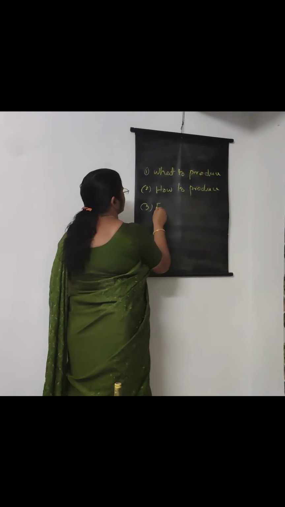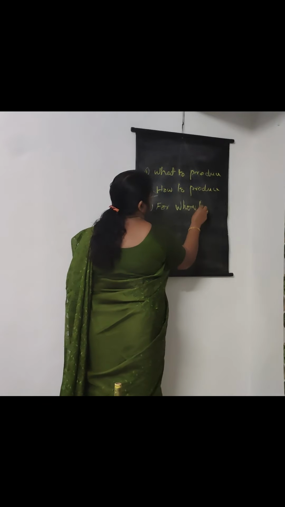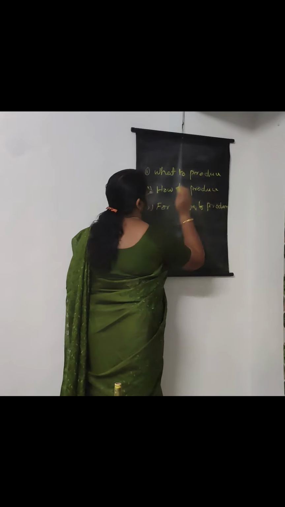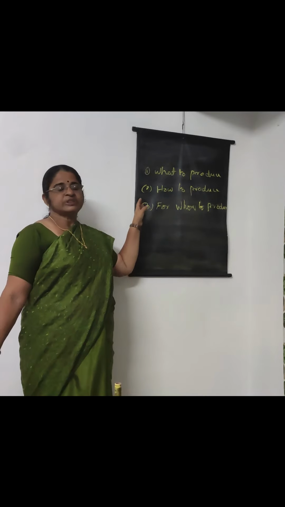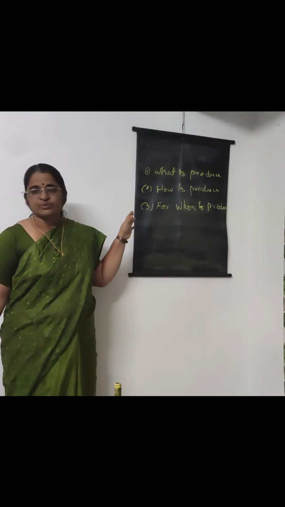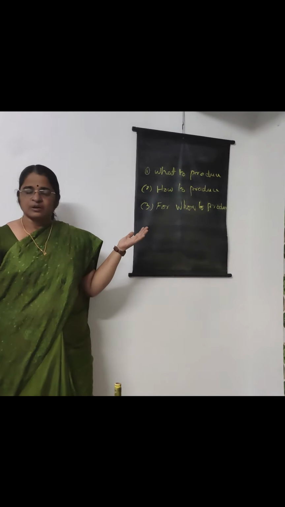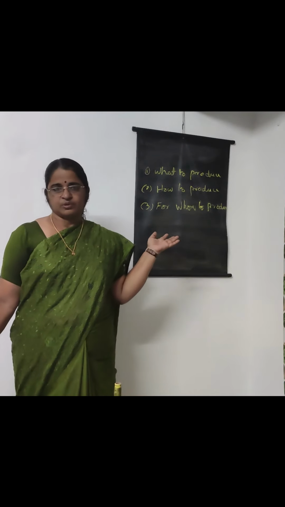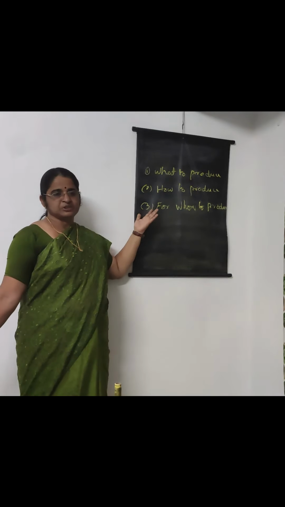Number 3, for whom to produce. These questions or problems arise because of the scarcity of resources. If our resources are unlimited, there is no problem at all. We can produce what we need.